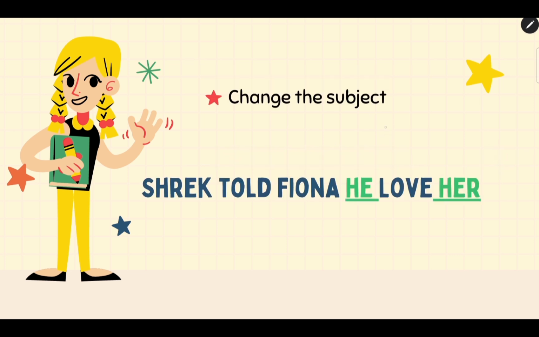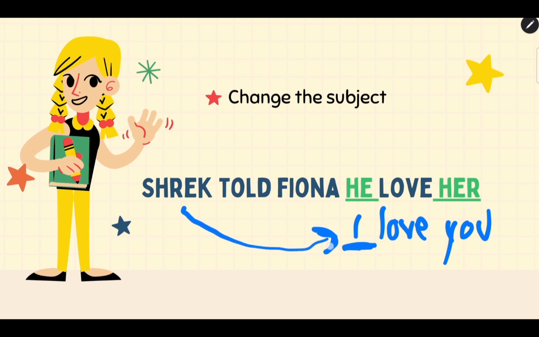Then we have to change the subject. So remember that a subject is a person or people. In this case, the normal idea was Shrek told Fiona, "I love you." But are you saying the statement? No, right? Shrek is saying the statement. So what is the substitution for Shrek? He, right?